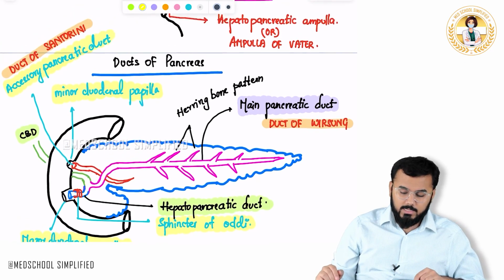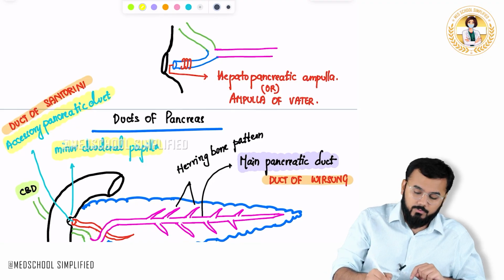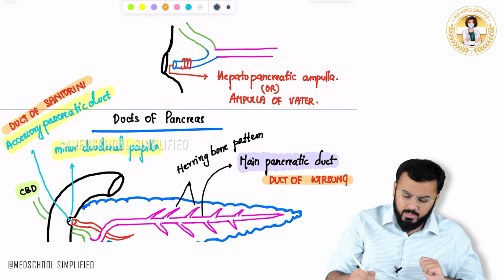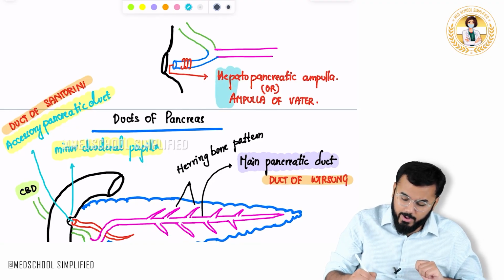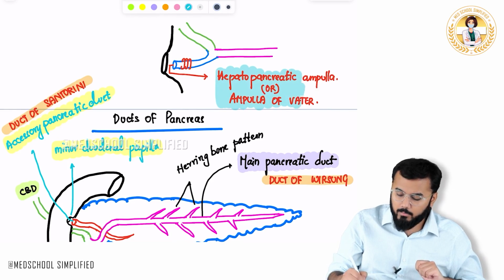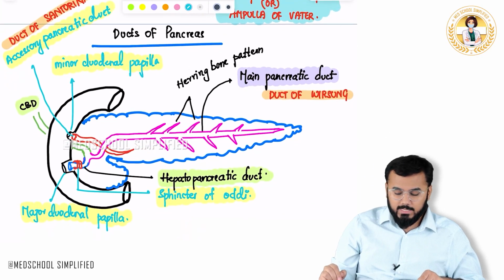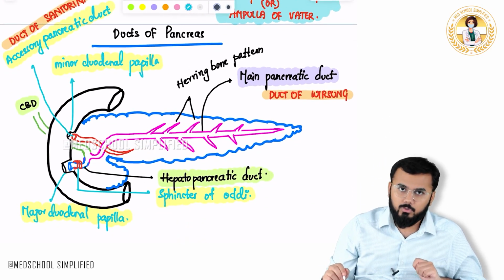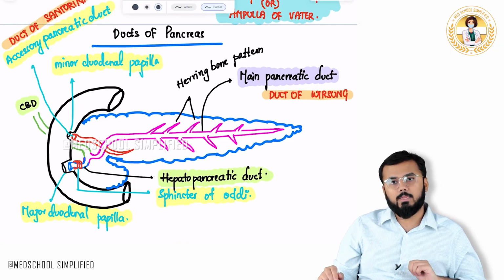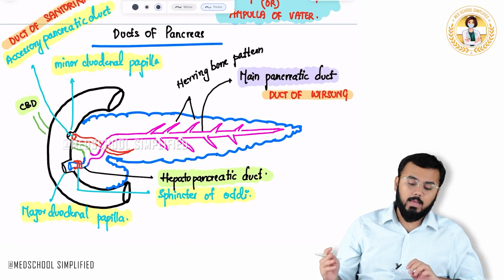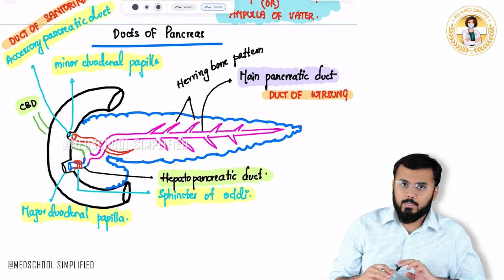Finally, not to forget, we have the hepatopancreatic ampulla or ampulla of Vater. These are some of the important things you need to know regarding the ducts of the pancreas. Later on we shall see how the ducts develop.